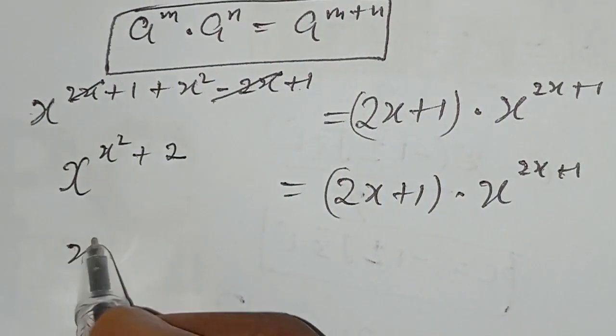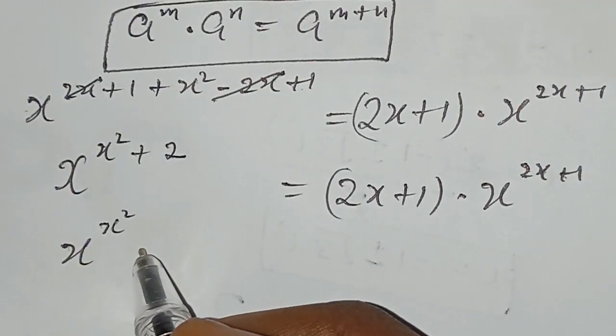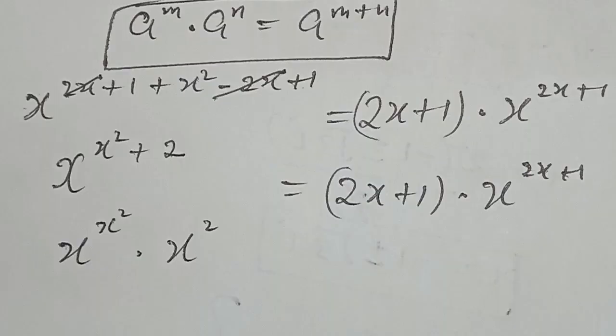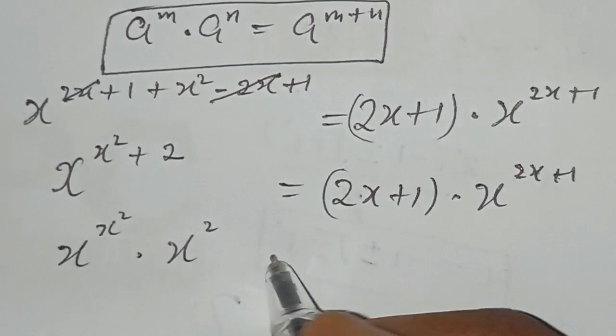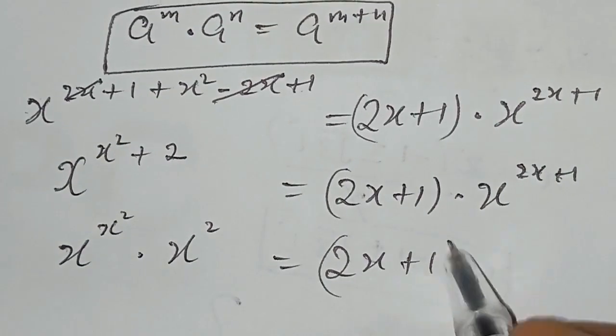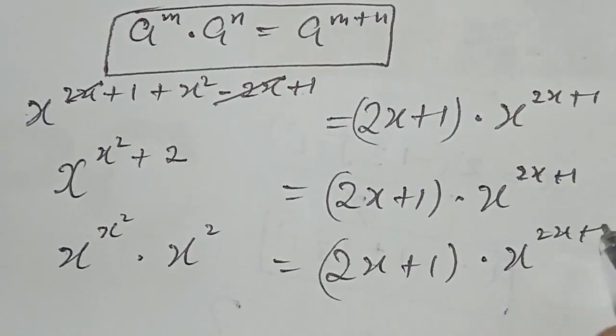So this gives us x to the power of 2 multiplied by x to the power of x squared, and that will be equal to 2x plus 1 in brackets multiplied by x to the power of 2x plus 1.